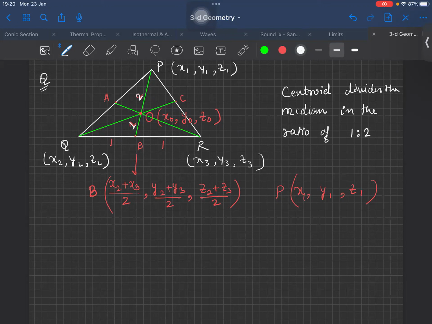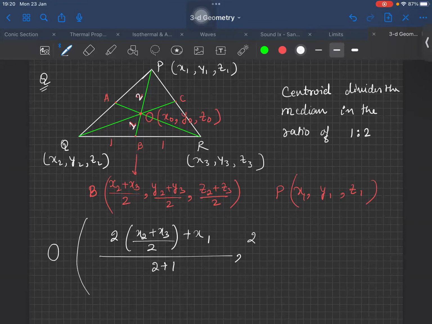Now we are writing the coordinate of point O. The x will become 2 times x2 plus x3 upon 2, plus x1, whole divided by 2 plus 1. Similarly y will become 2 times y2 plus y3 divided by 2, plus y1, whole divided by 2 plus 1.